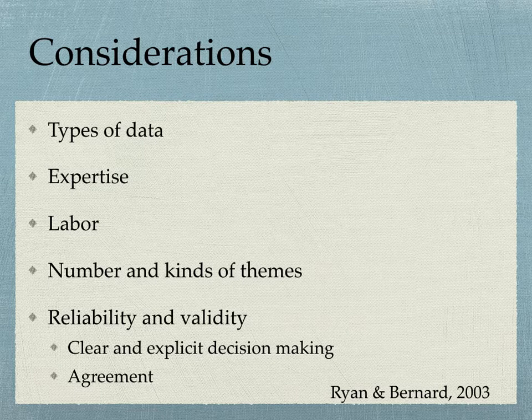As I just mentioned, what's important is to make really clear and explicit decisions, and to come to some kind of agreement around the data. So when you're working in groups, you might come together when you're doing group coding, and you might say, I saw this, and another person might have seen something different, but usually there's some connection between the two things that you've seen, and you'll use that to build a new idea out of the data that builds on both of those ideas.